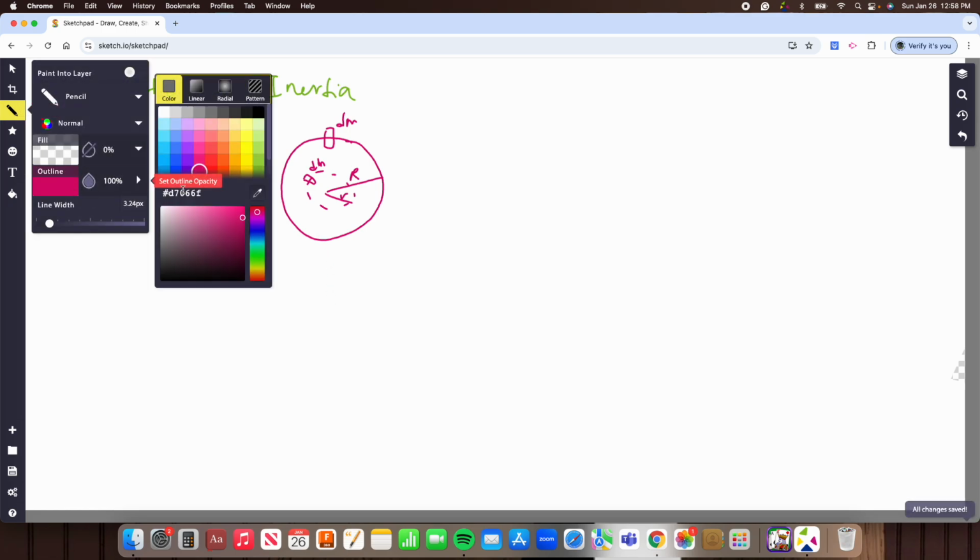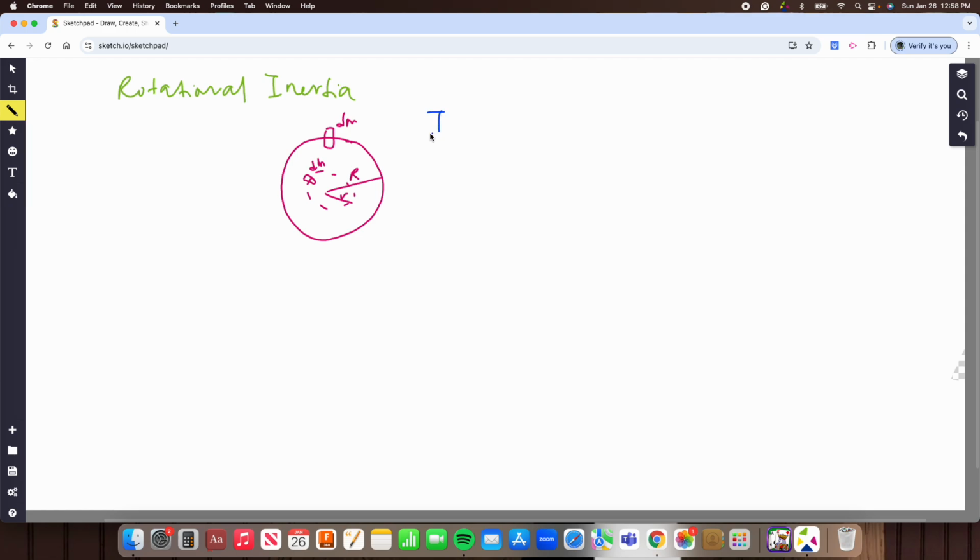So let's see what we get in our equation. Again, we start with I equals mr squared. These all will still have a small inertia value, dm is still going to be a small mass, and r is going to be lowercase r.